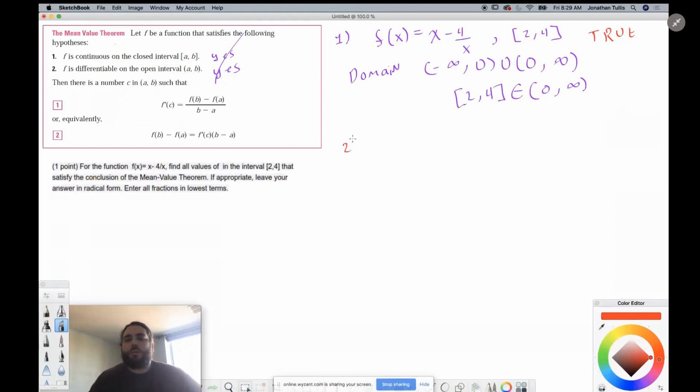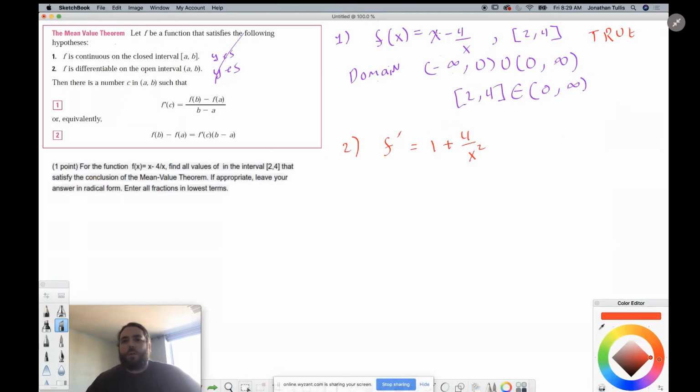And then we'll do part 2. We need the derivative. So f prime, I'm hoping you're okay with derivatives, I'm just going to write it out here, is going to be 1 plus 4 over x squared. And the domain of this is actually going to be the same domain as this here.